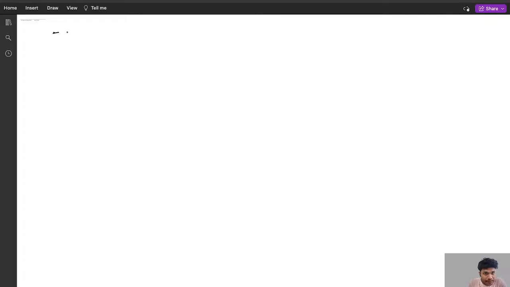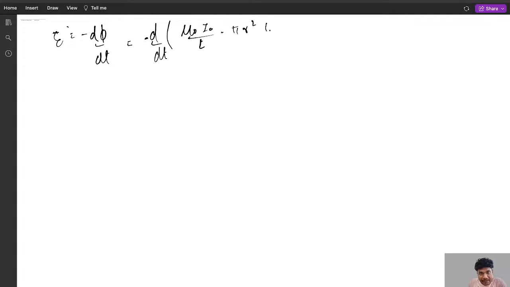Epsilon is equal to minus d phi by dt, that is equal to differentiation of mu naught I naught by L into pi r square cos 300 t. Do you understand this? On differentiating, we get mu naught I naught by L into pi r square.